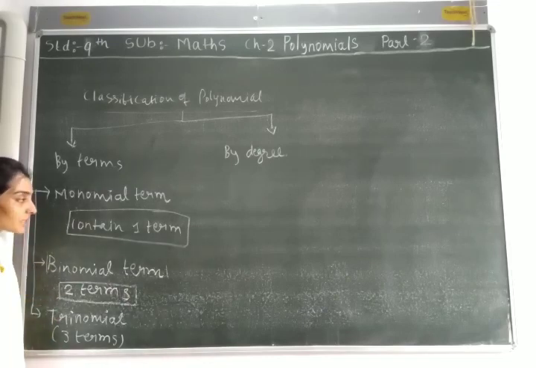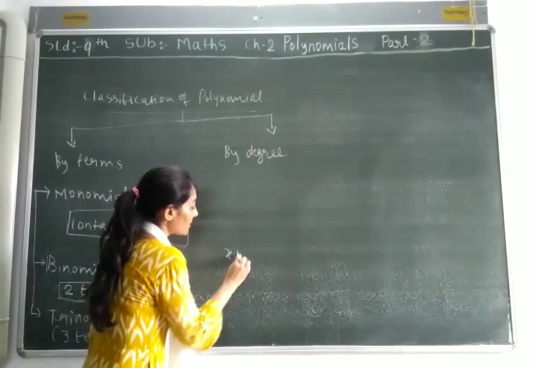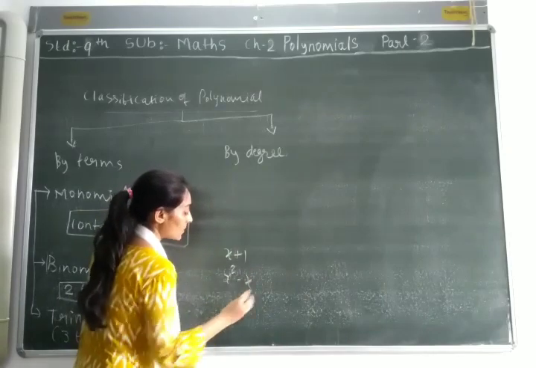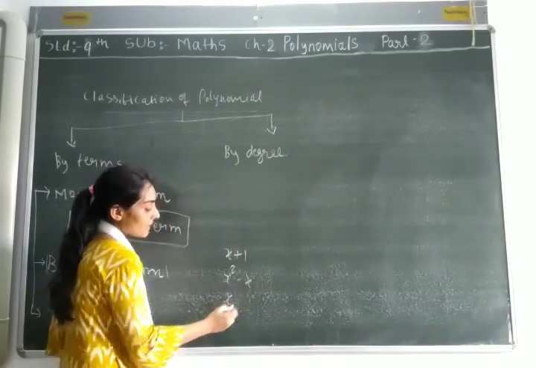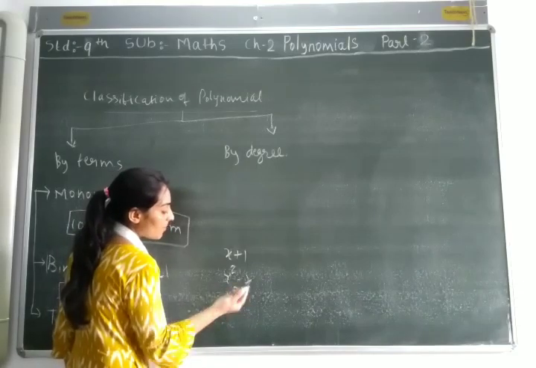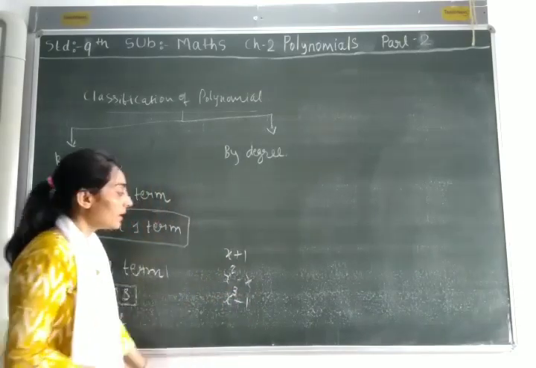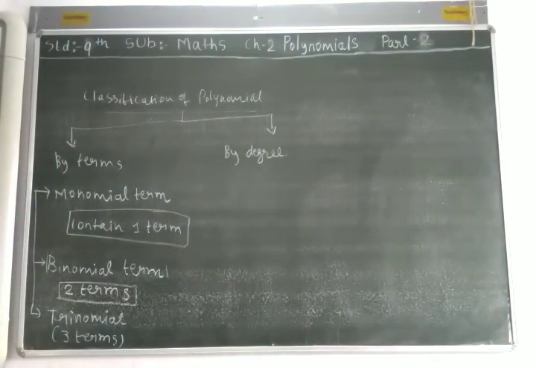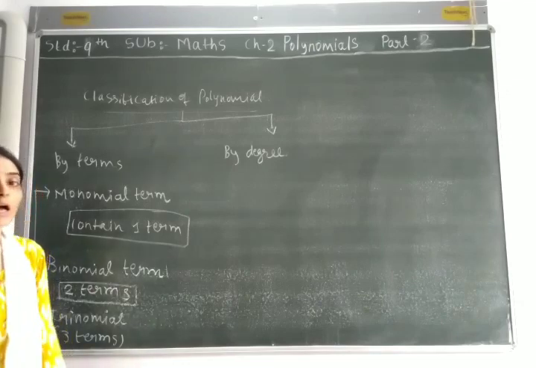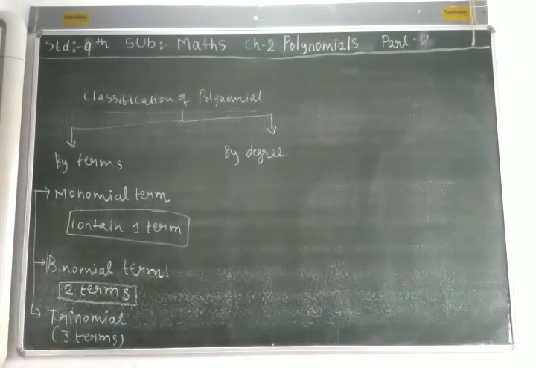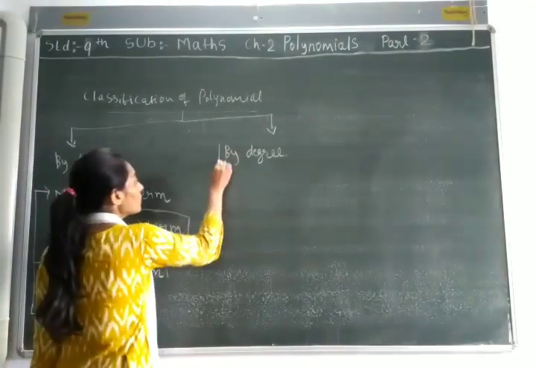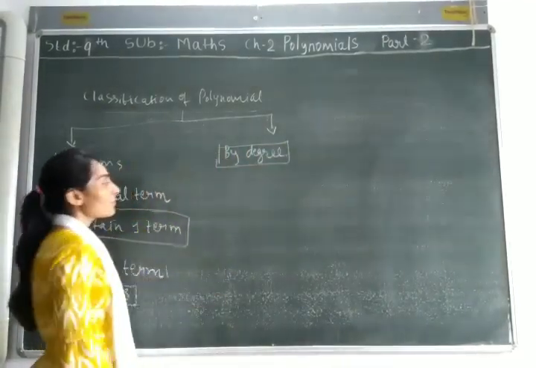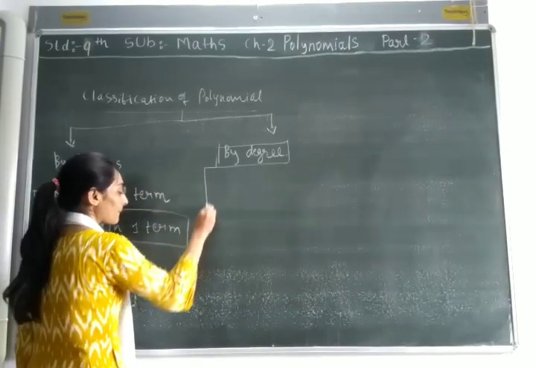Now binomial, it means it contains two terms, say x plus 1, x square minus x, x to the power 3 minus 1, whatever, it contains two terms, we call it a binomial. Now the third one is the trinomial. It means it contains three terms.